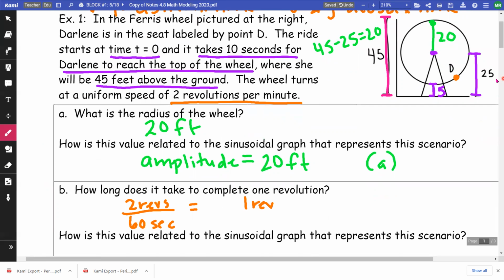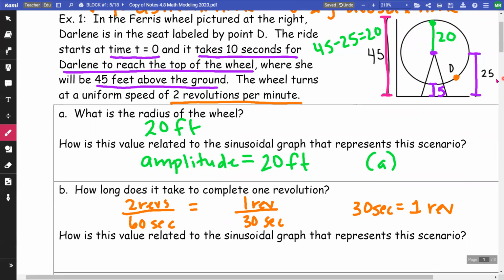I get 1 revolution in 30 seconds. So 30 seconds equals 1 revolution. How is this value related to the sinusoidal graph that represents the scenario? This 30 seconds is going to be our period.